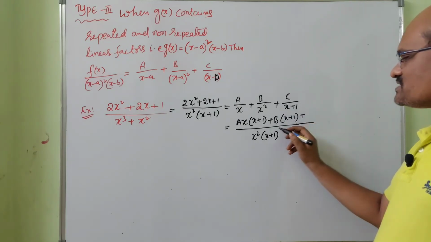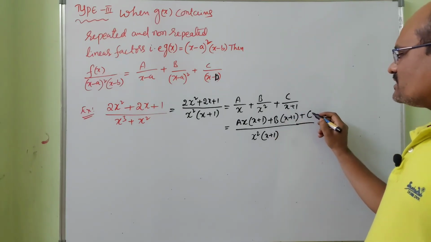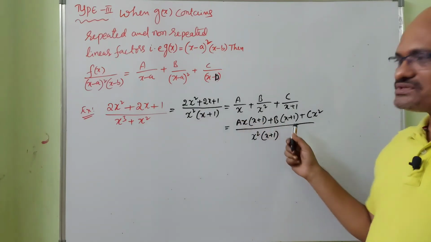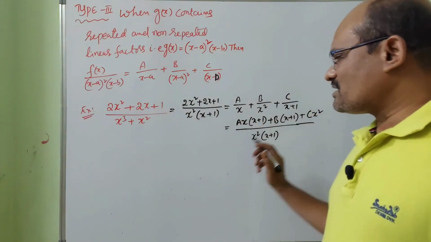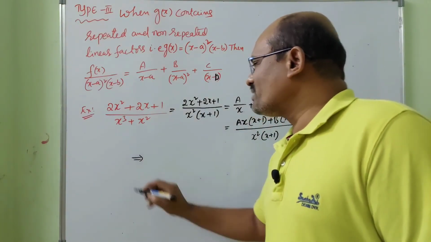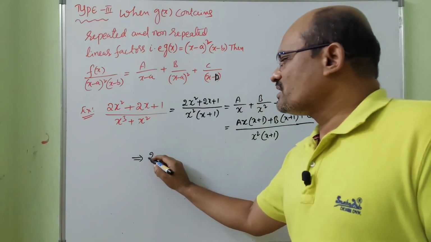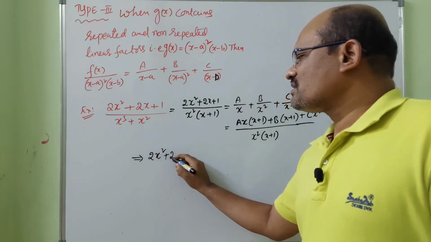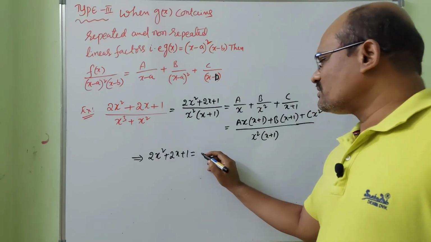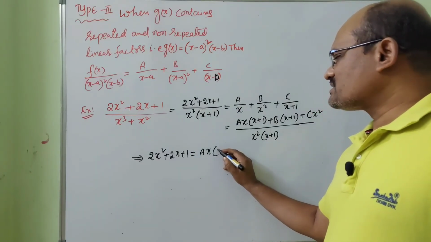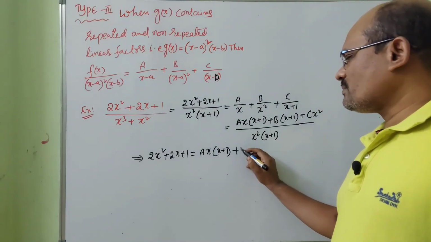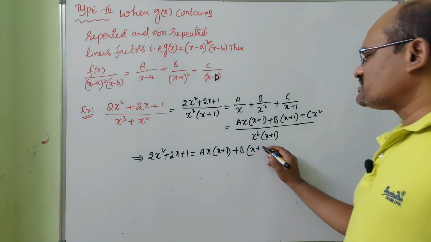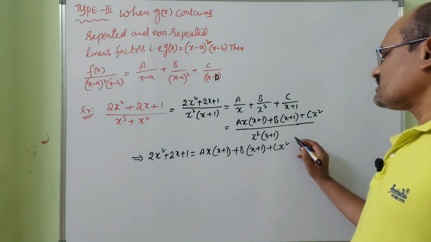For the third, x plus 1 cancels, and you will get C into x square. Now look at both sides, the denominators are equal, so equate the numerators. You will get 2x square plus 2x plus 1 equal to A into x into x plus 1, plus B into x plus 1, plus Cx square.